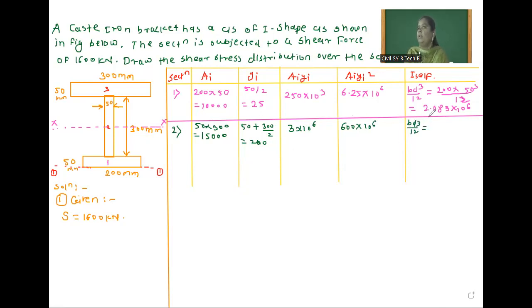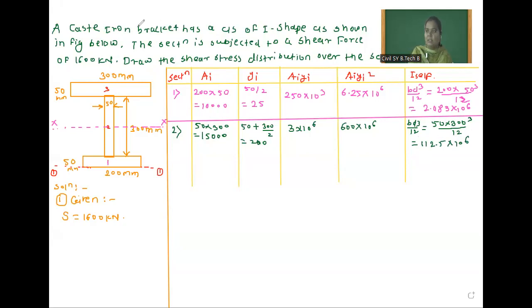So, moment of inertia for that particular section is width 50 into depth 300 cube divided by 12. So, you calculate and tell me how much? 112.5 into 10 raised to 6. So now section 2nd is over.